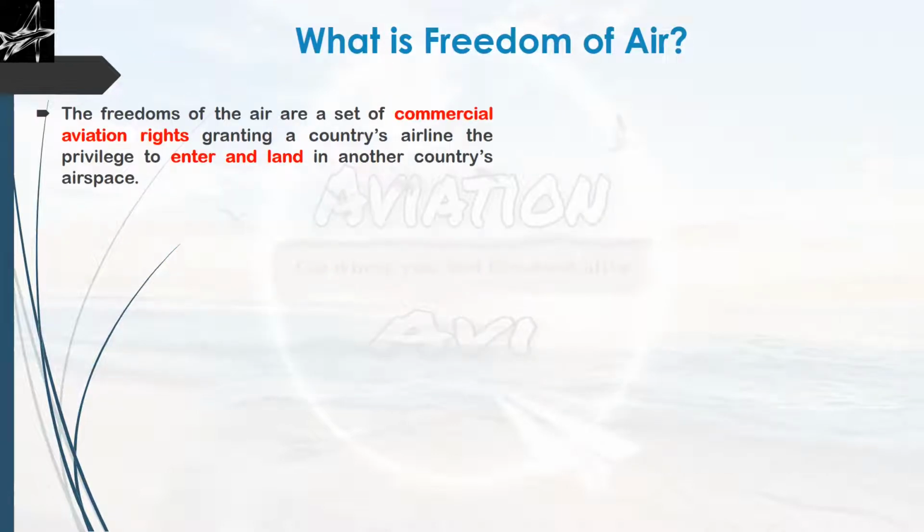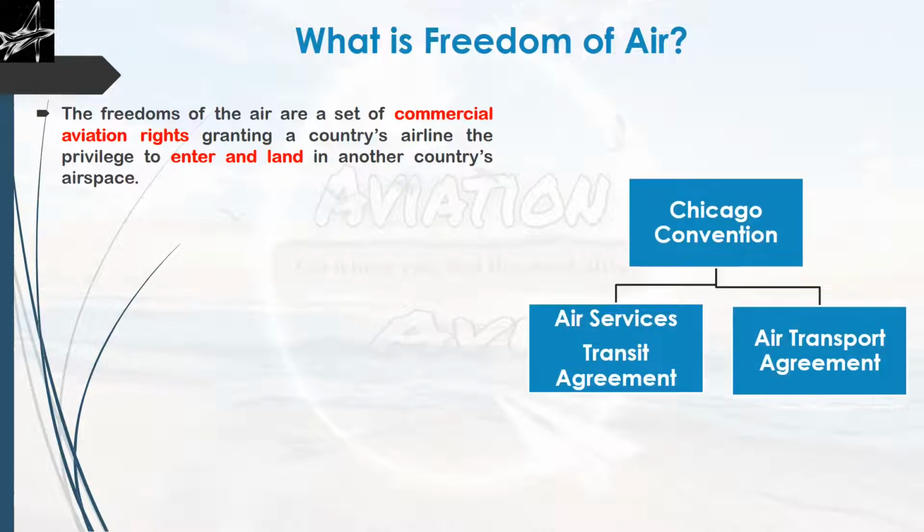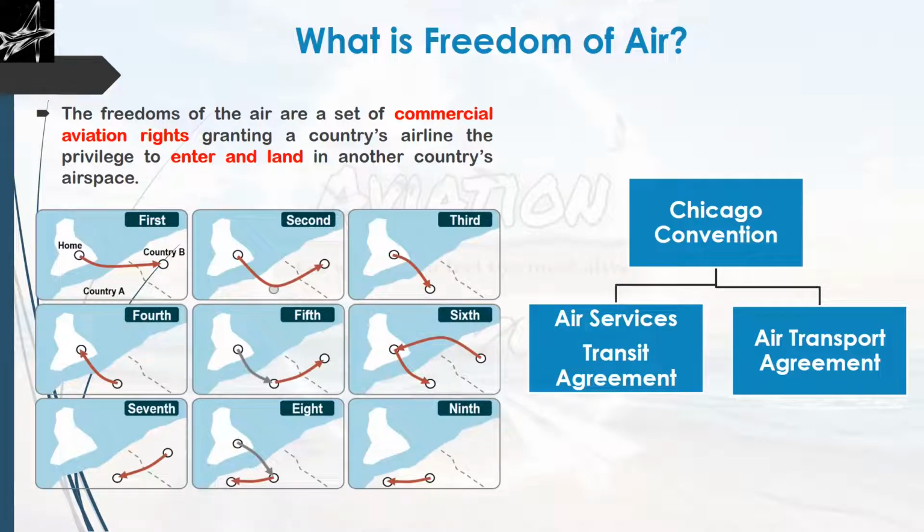The freedoms of air are a set of commercial aviation rights granting a country's airline the privilege to enter and land in another country's airspace. So, with the Chicago Convention, two other agreements were formed: the International Air Services Transit Agreement and the International Air Transport Agreement. The first two freedoms of air are called the technical freedoms.